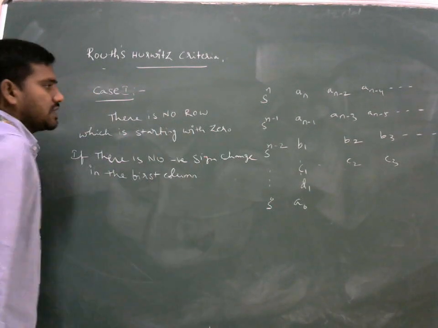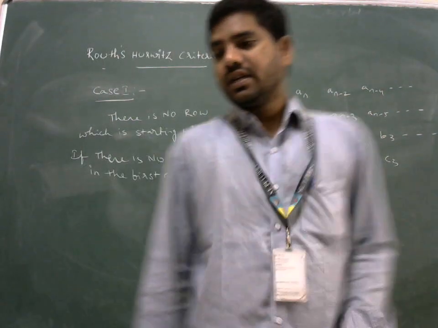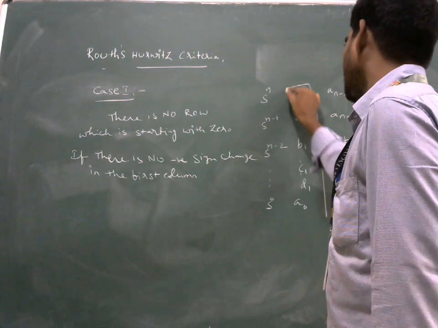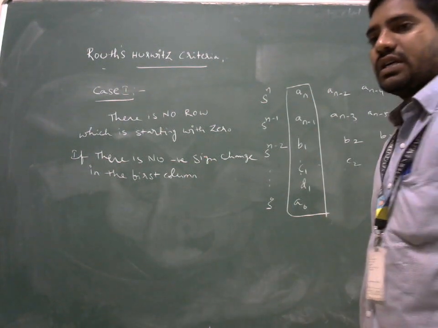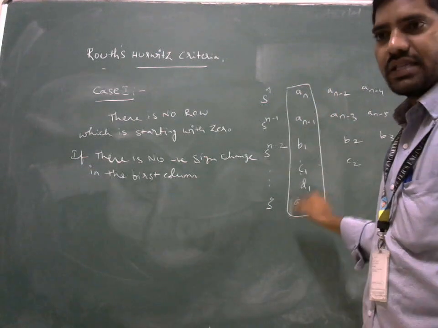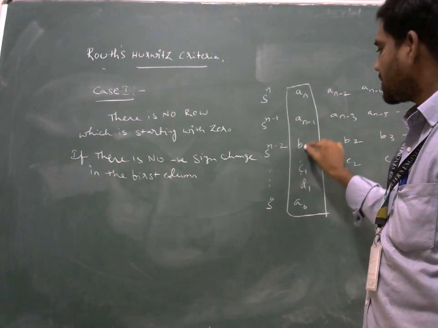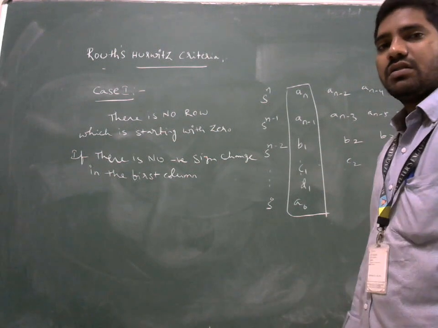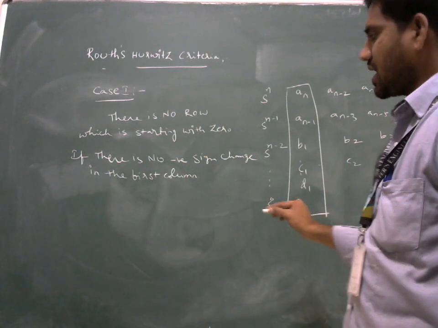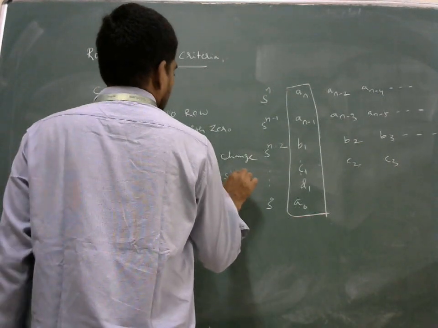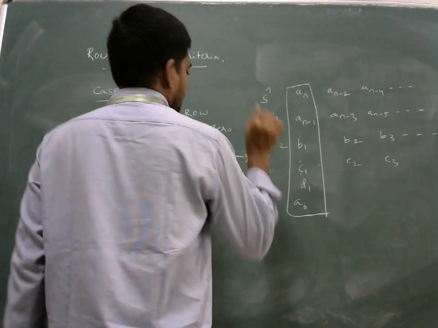We need to check the first column. Sign changes mean it is starting with plus, plus, plus, plus, or so on. If there is no sign change in the first column, then the system is stable.